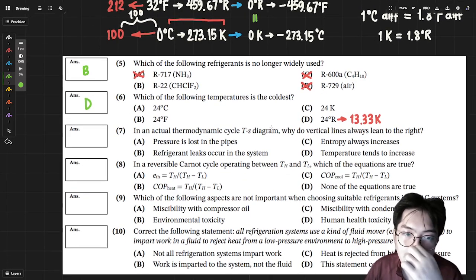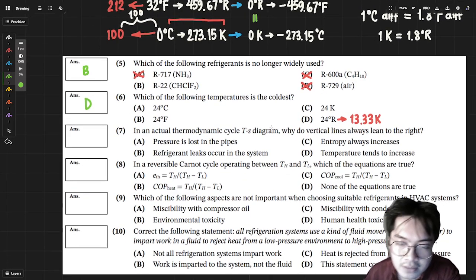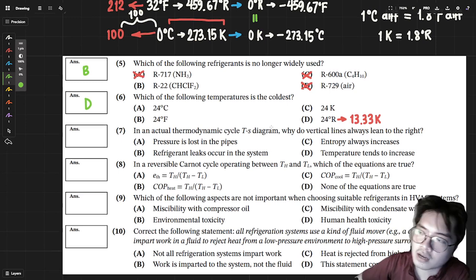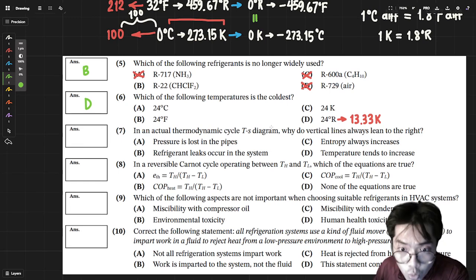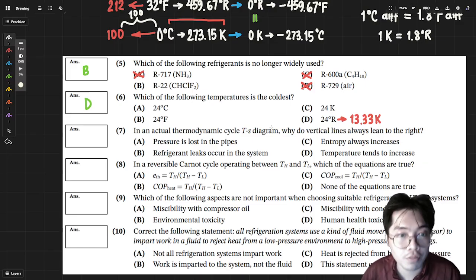Number 7, in an actual thermodynamic cycle TS diagram. So this is a reminder for you to just brush up on your method 2. Why do vertical lines always lean to the right? The thing about this is that we are talking about actual thermodynamic cycles.